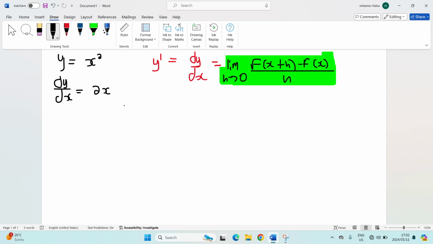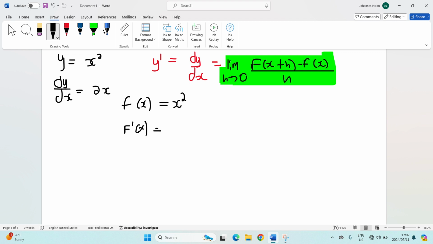Suppose we are given the expression f of x is equal to x squared. Now, what are we going to do in this case? Well, we're going to say that f prime, we can also write the derivative in the form x prime.